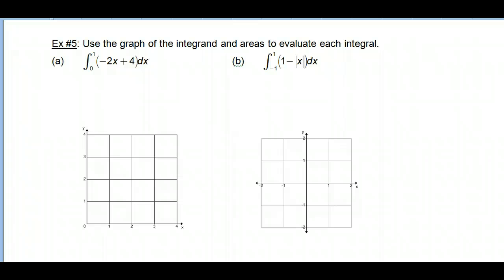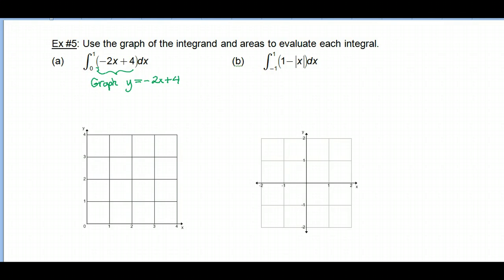All right, so let's use the graph of the integrand and areas to evaluate each integral. What's the integrand? The integrand is this. So what we want to do is go ahead and graph y equals -2x plus 4. It's a curve, so think you're graphing y equals something.